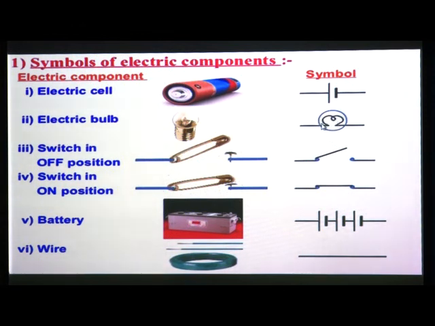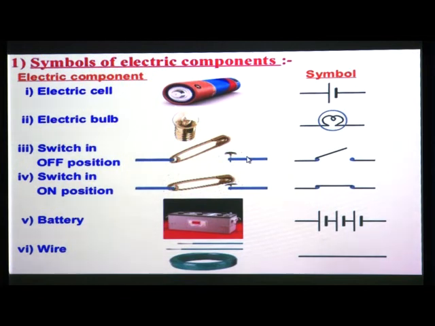This symbol is showing the electric bulb. See how it is drawn here, how you can draw the symbol of an electric bulb. You have to remember this very properly, because this information is very important when you learn about electric current, uses of electric current and applications of electric current.